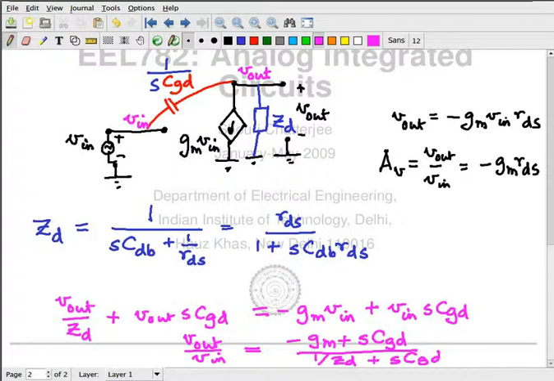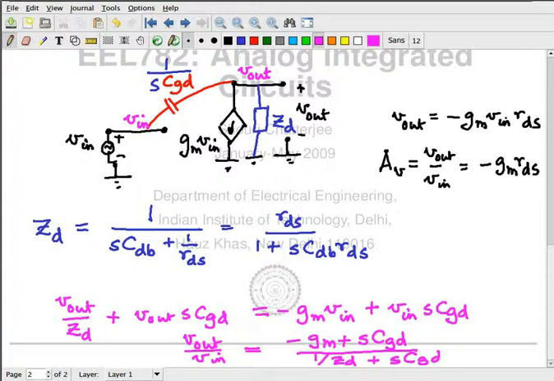Are there poles and zeros? How many poles are there and how many zeros are there? There is a right hand side zero, fantastic, and a pole, left hand side. Is there one pole, two poles? There is one pole. Check.